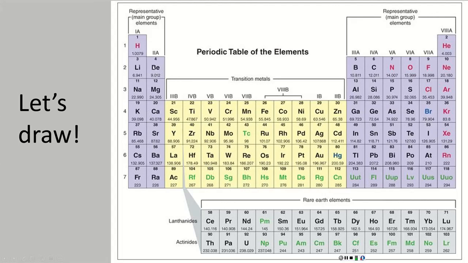So let's do some drawing based on what we can see in this image. I'm going to go on and move to another slide, but I suggest either having your textbook open to this page or printing this out so that you have access to it while we do some drawings.